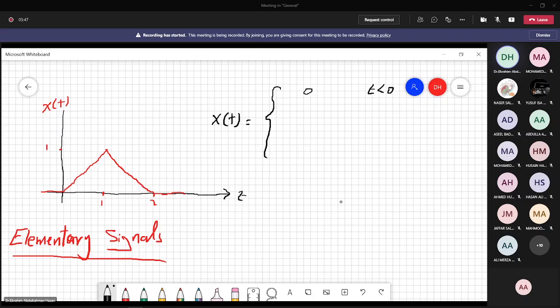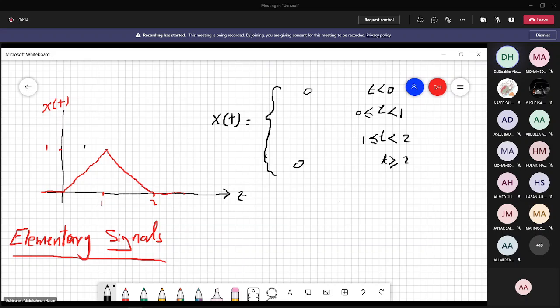And for t greater than or equal to 0 but less than 1, then we have this one. And for t greater than 1 but less than 2, then we have this line. And for t greater than or equal to 2, then it is equal to 0 again.